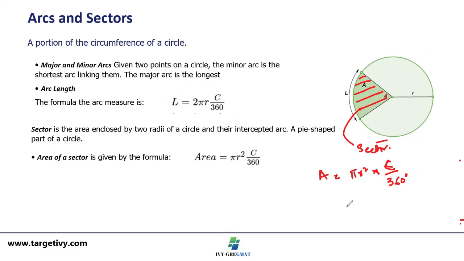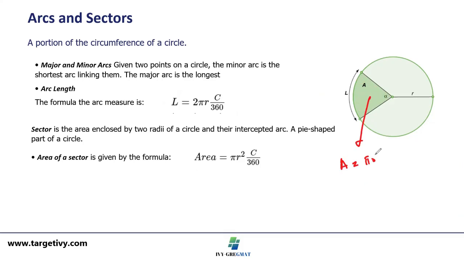So if it's say the area of this sector, pi r square into alpha by 360. And if I say the length of this arc, L, is equal to 2 pi r multiplied by alpha by 360.